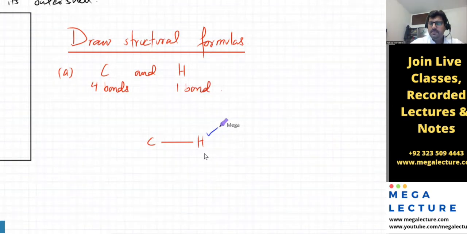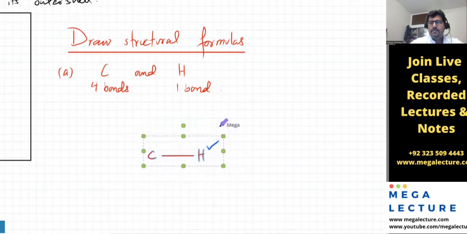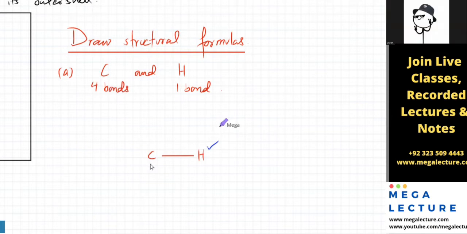So that means don't touch it again. It's done. Don't mess this up. And so how many more bonds does carbon need to form? Carbon's 4 bonds are not complete. 3 more.